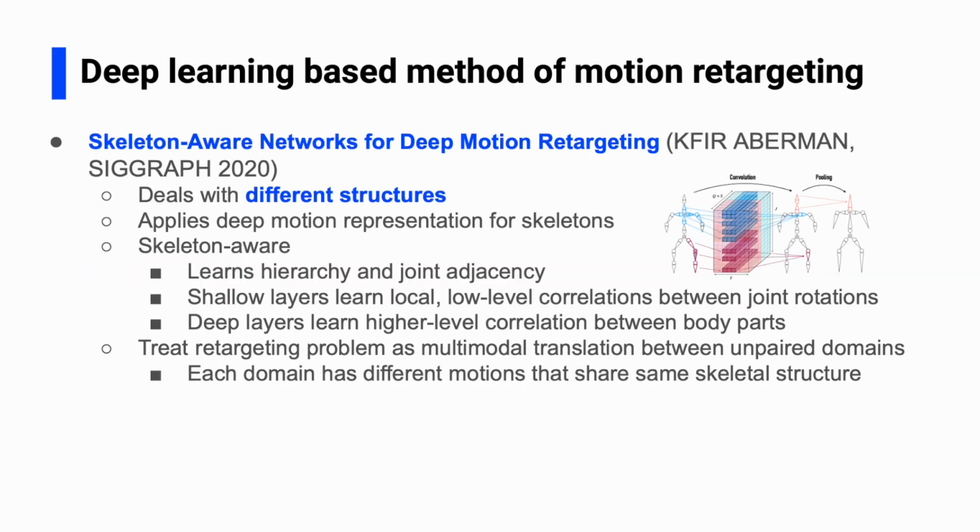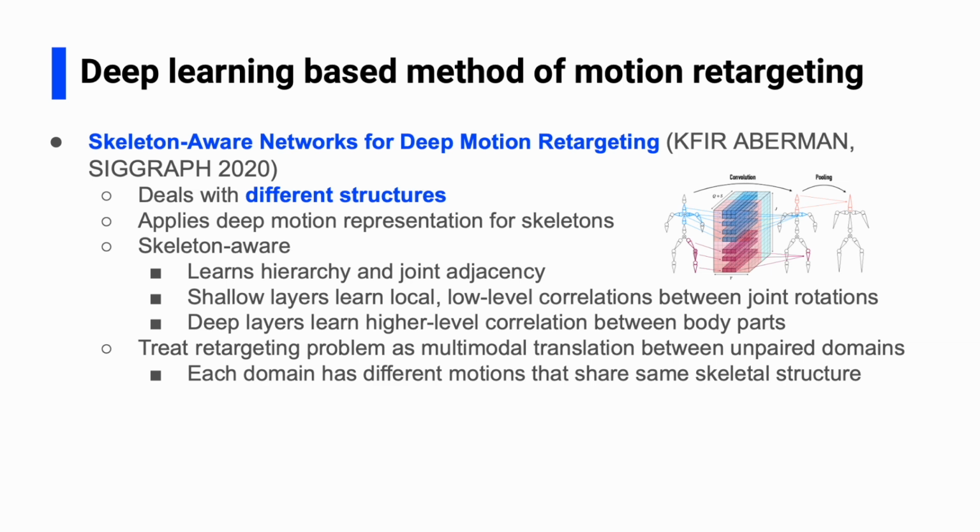The paper named Skeleton-Aware Networks for Deep Motion Retargeting, by Kfir Aberman in SIGGRAPH 2020, deals with different structures of characters. As I mentioned, the first paper only deals with the same structure with different limb lengths. This paper solves the problem of retargeting motions between topologically different bone structures. It applies a deep motion representation for skeletons.